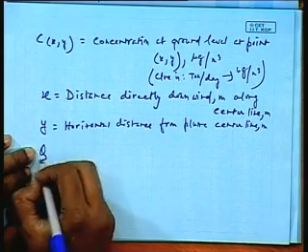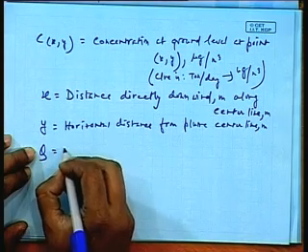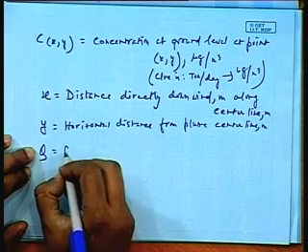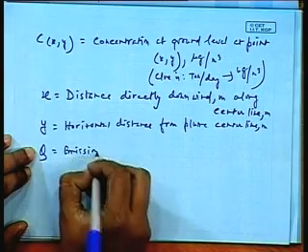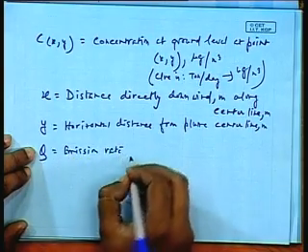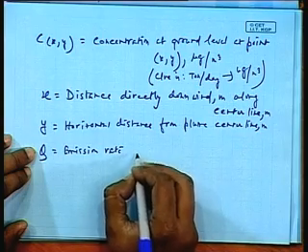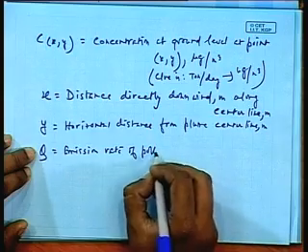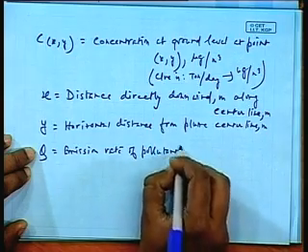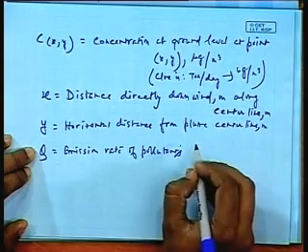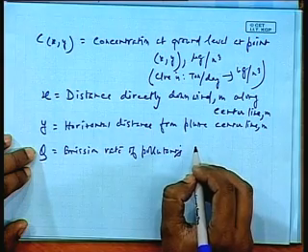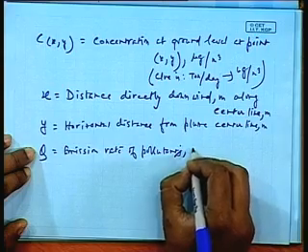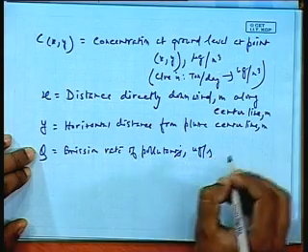Q is the emission rate of pollutants. Here the emission rate of pollutants is in microgram per second.